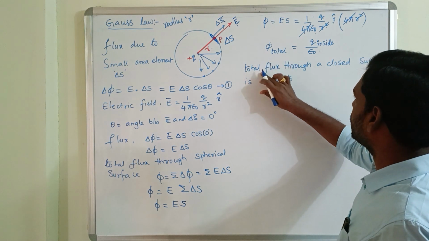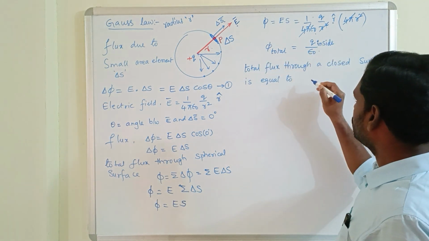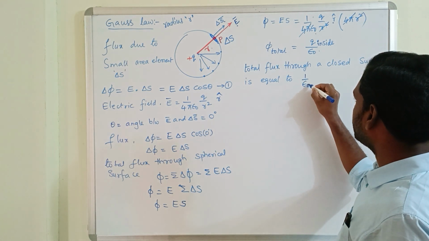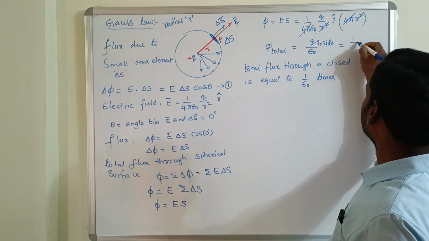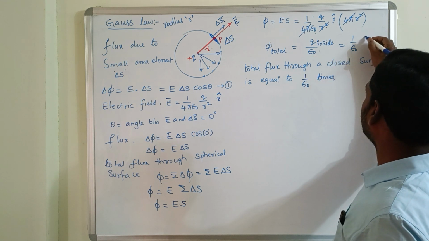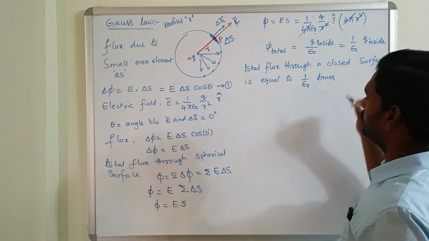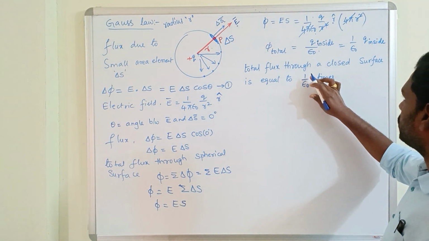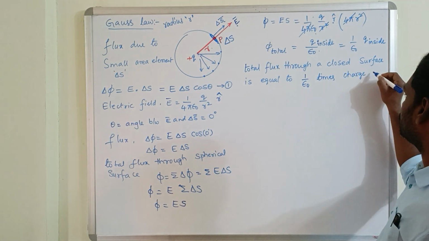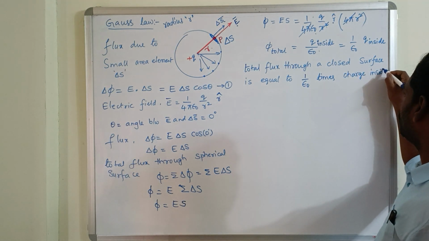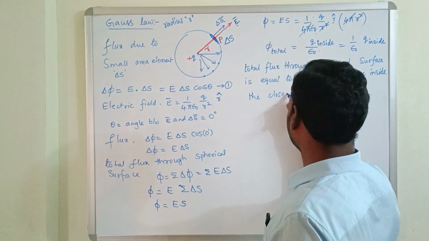So total flux through a closed surface is equal to 1 by epsilon naught times the charge inside the closed surface.